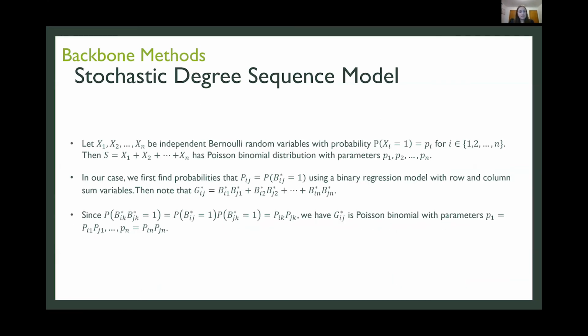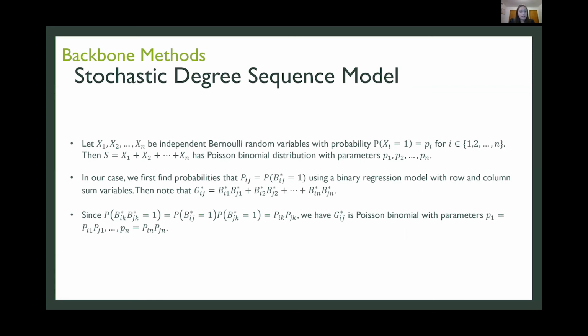So specifically, if we have n of those Bernoulli random variables, let's call them x1 through xn, and they each have their own probability, where the probability of xi equaling 1, or equaling success, is pi. Then if we look at their sum, the sum has Poisson binomial distribution with the parameters p1 through pn, where those are those probabilities.